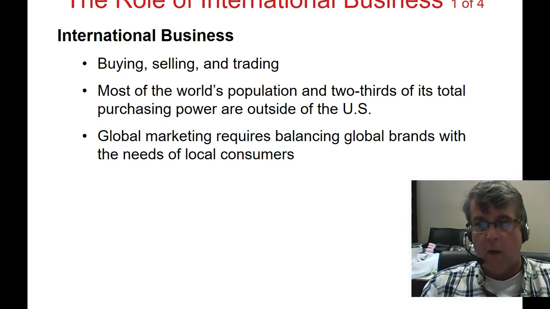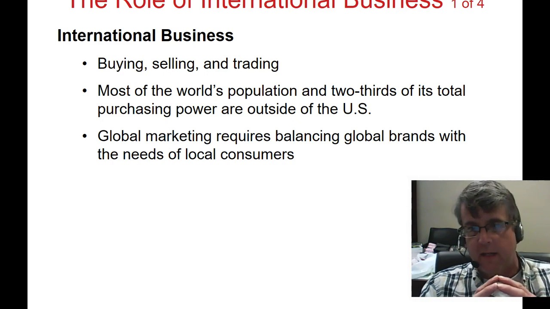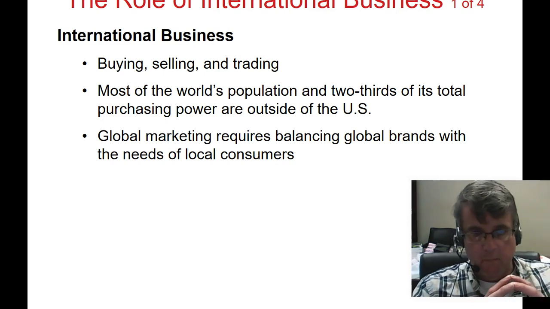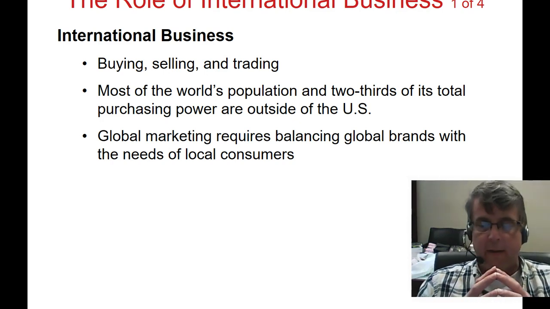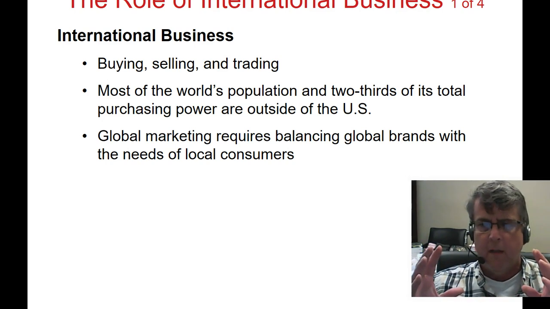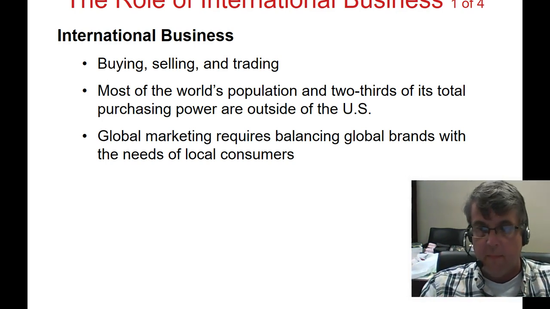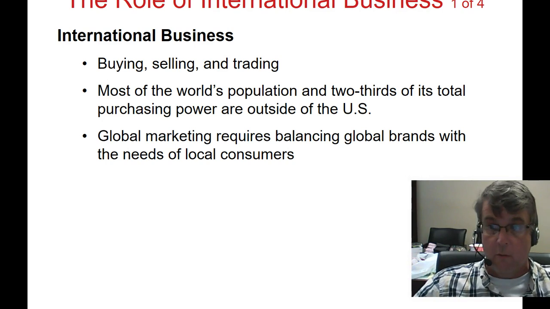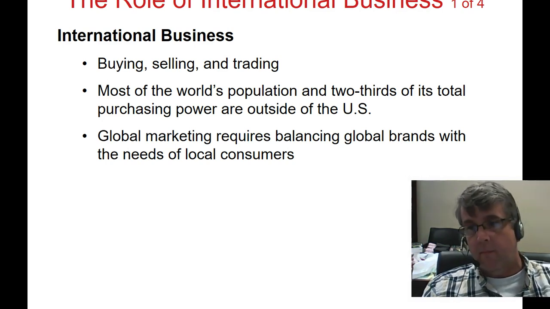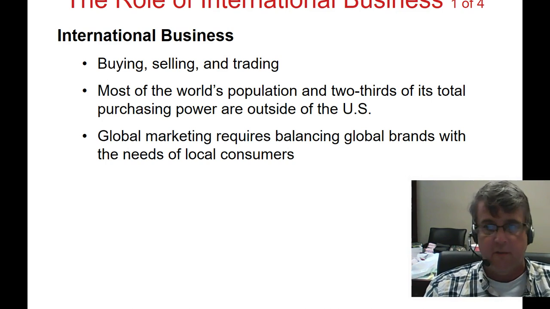Global marketing requires balancing global brands with the needs of local consumers. Now, what they're trying to say here is you can't just say, okay, this is what works in America, and I'll just do that all over the world, because it doesn't work that way. Different people, different cultures, they've got different signals, they have different needs.